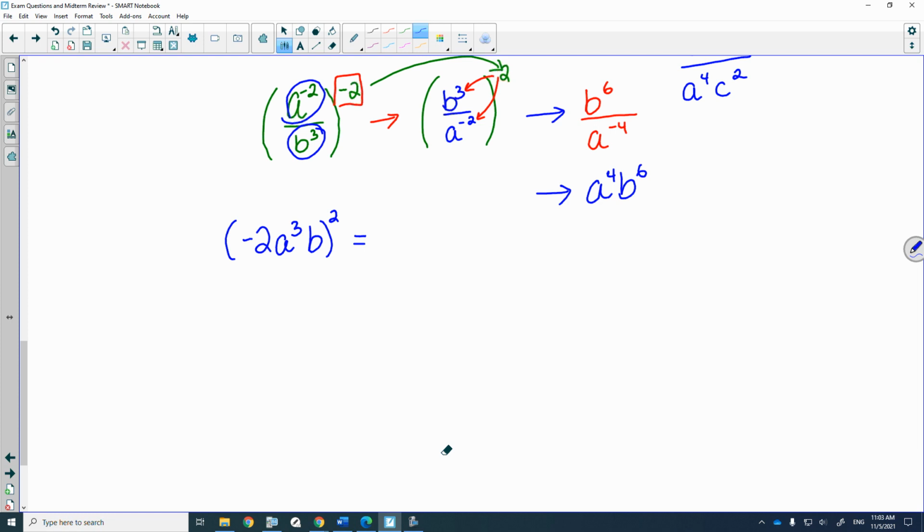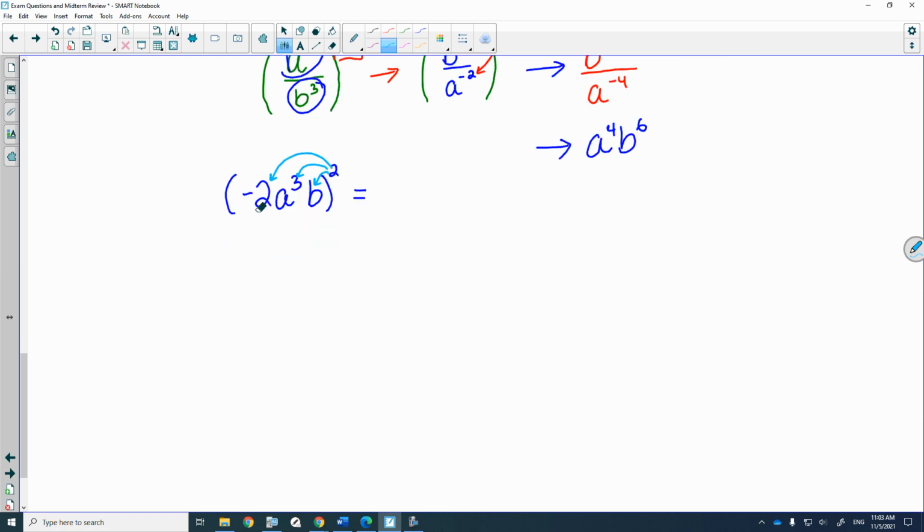Because that 2 has to go here, here, and on the 2. But is your leading coefficient going to be -4 or +4? Whatever number is in the bracket, which is a -2, the exponent would be on the outside of the bracket. It would be a +4.